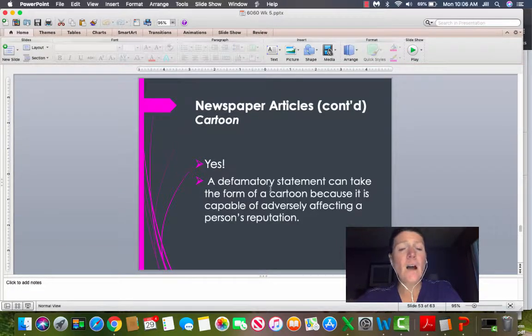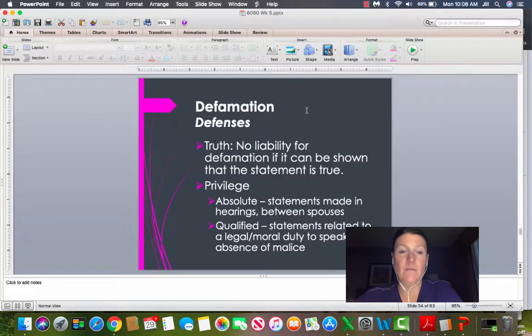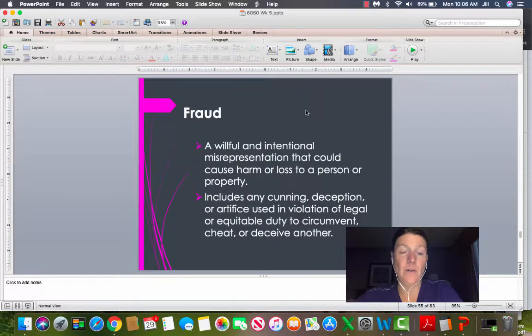So how would we put this forward under the law? It would be considered defamation of character. In this case, it would be libel because it would be a written statement. Like I said, if something is true, it will not go forward. That is the best defense to defamation of character: to prove that what you've said or written about the patient or the facility or the person is actually true. If you can prove that it's true, then there is no liability for you in a defamation suit.